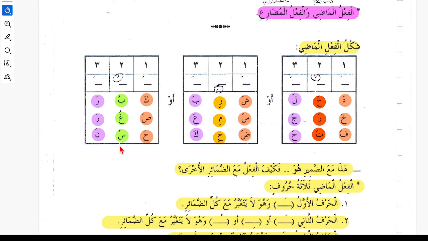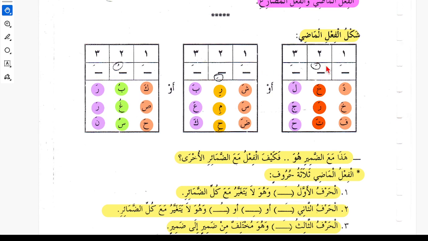And in this block, all the verbs have the dhamma sign: kabura, sagura, hasuna. So, in other words, the first letter and the last letter of an Arabic basic root form 3-letter verb are going to be fatha, but the middle letter can be fatha, kasra, or dhamma.